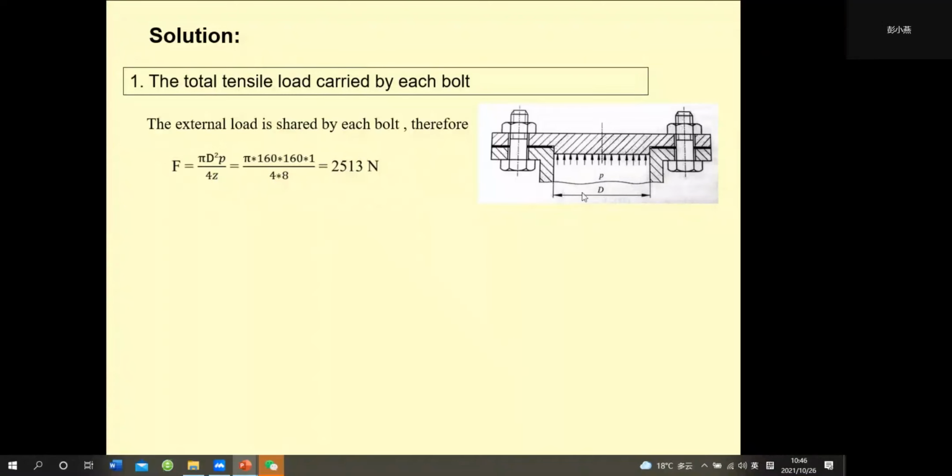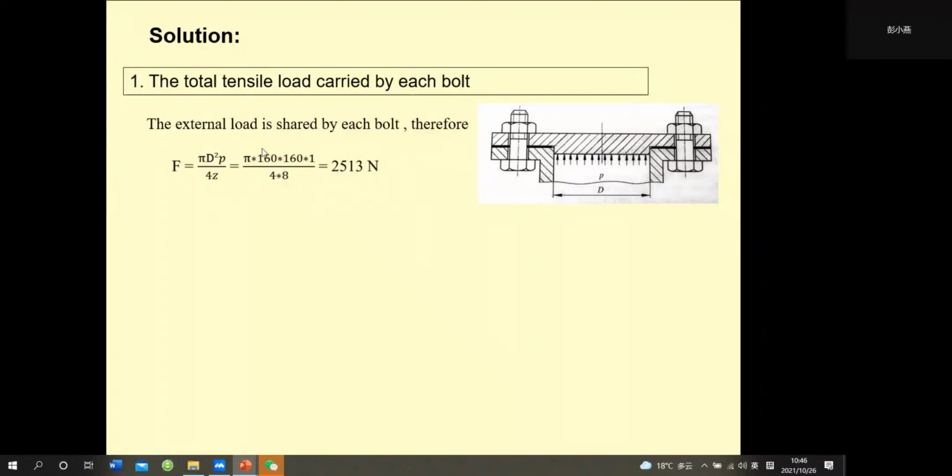So the force caused by the oil pressure is P times the area, and the actual force is this total force divided by the number of bolts.